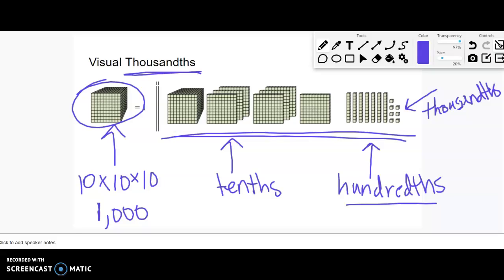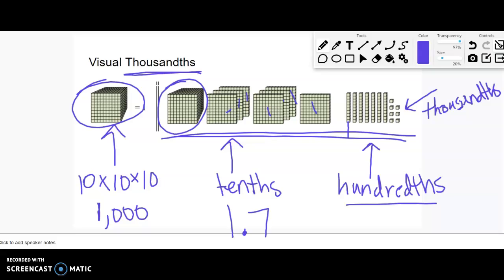This example right here, notice we have one whole. We have 1, 2, 3, 4, 5, 6, 7 tenths. 7 of those flat pieces, because if I took those flat pieces, 10 of them would make up the cube.